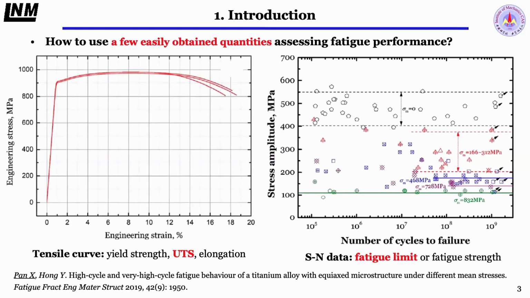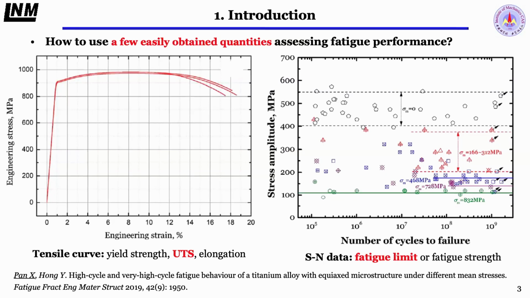It is well known that assessing the fatigue performance of a material is very hard, because you hope to obtain the whole SN data, and the SN data alone is very time consuming and money consuming.